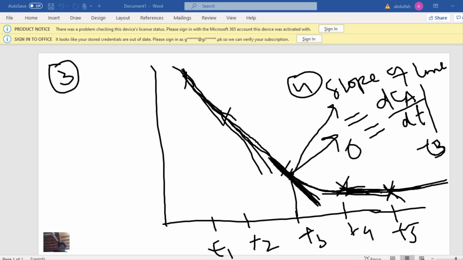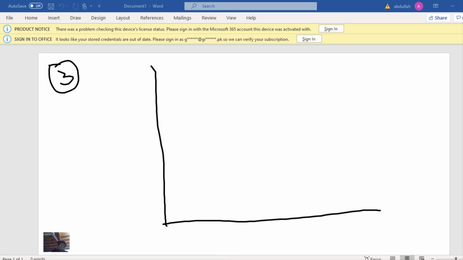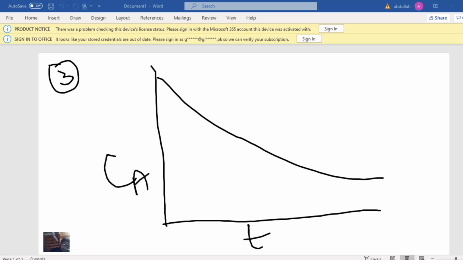Similarly, suppose this was our time and this was the concentration of A, and suppose this was tangent to the curve.